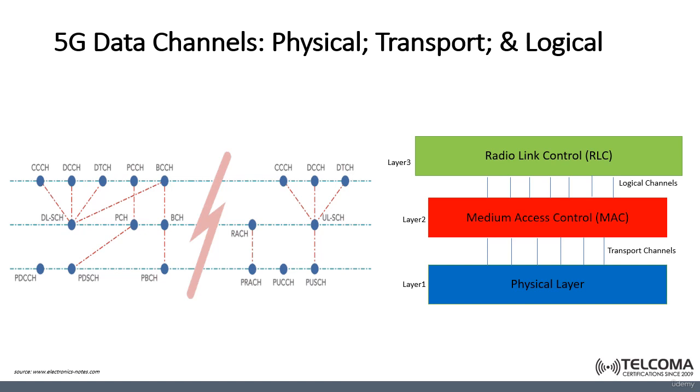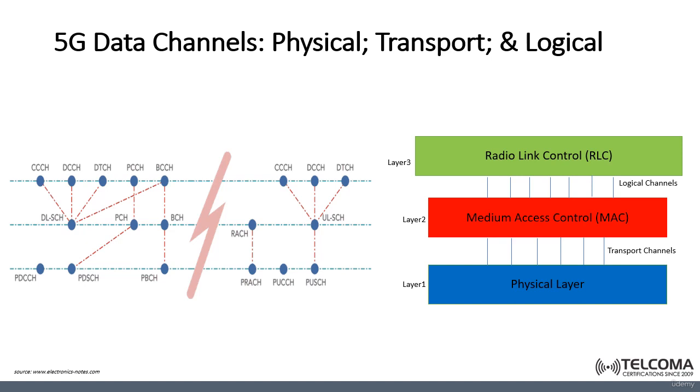The first type of the channel is the physical layer channels. And for the physical layer, you will see that the physical layer channels are similar to the 4G LTE channels, but two channels have been removed, which are the PHICH channel and the PCFICH channel.